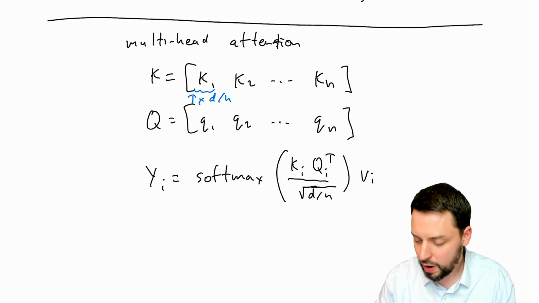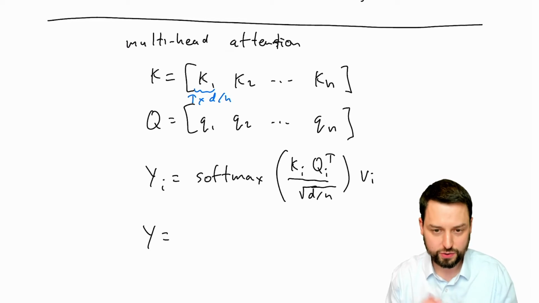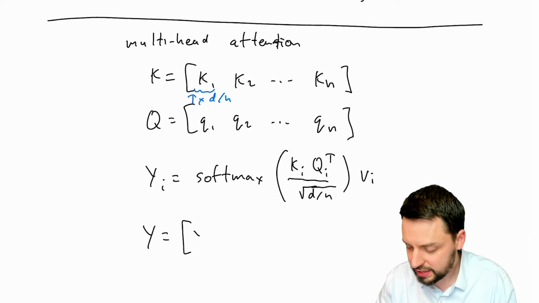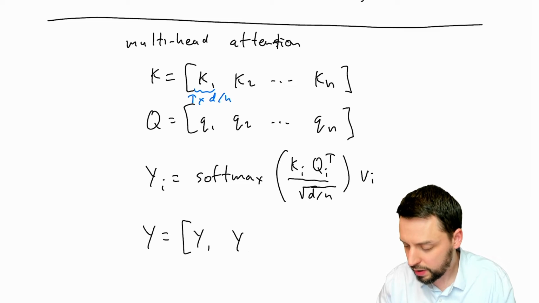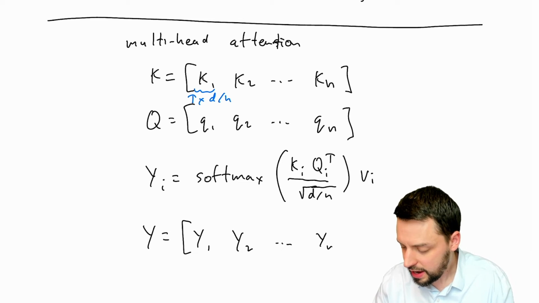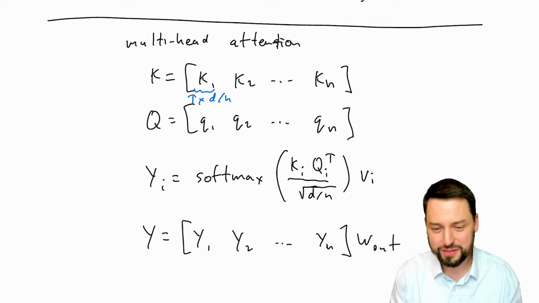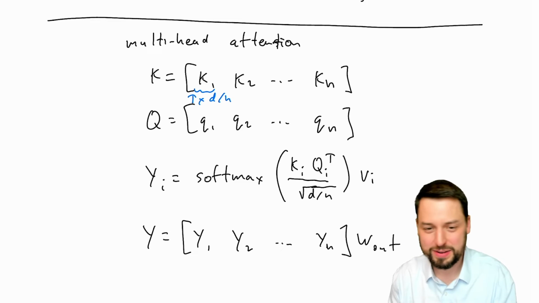And then our final y, the final output of the softmax layer, is just going to be all those y's together, y1, y2, etc., to y_h, and then I guess you also multiply by this W_out, which again could just be folded into all the other matrices, but let's not worry about that. That can be done after the fact if you want to.